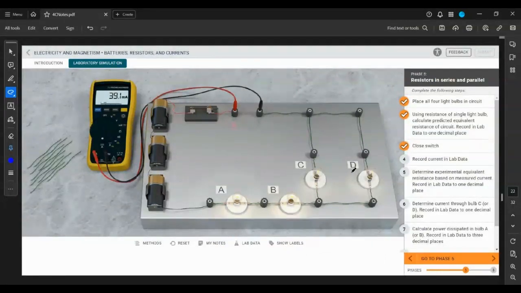What's interesting here is that from earlier, one light bulb was 46 ohms of resistance. And when they're in series, they keep the same thing. But when they're in parallel like this, if they were put together, when we look at them as one unit, then it's half of this value.